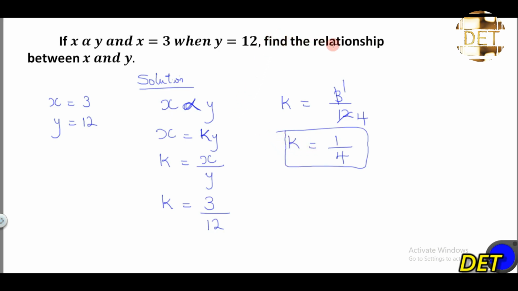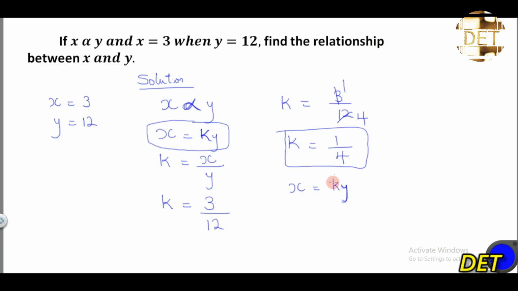The question is to find the relationship between X and Y. We already have that X is equal to KY. This is very important. Now I calculated the value of K to be 1 all over 4.